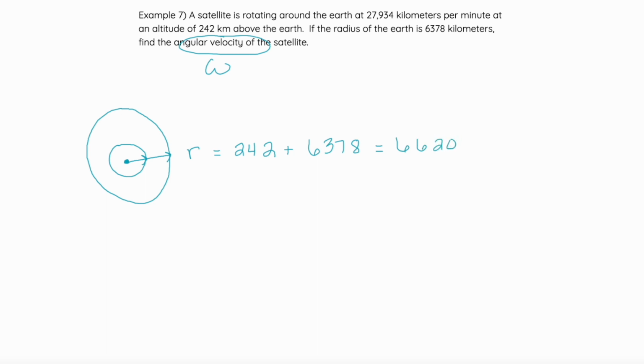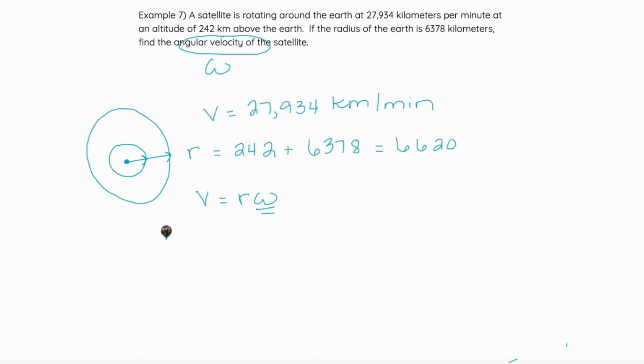I also know the linear speed at which I'm traveling. It tells us that it's going around Earth at 27,934 kilometers per minute. So I know the linear speed. Thus, I can utilize the linear speed equal to the radius times the angular velocity to find what I'm actually looking for, which is w, since I know the other two portions.